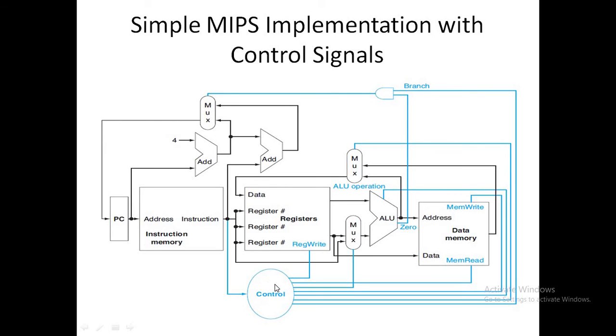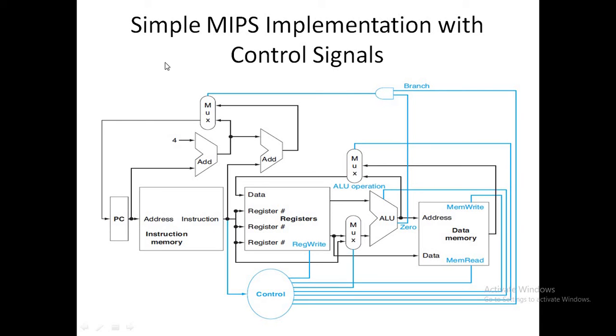As you can see, there are control signals for register read and write, and there are control signals for this MUX. There are control signals for data memory read and write, for memory read and for memory write. Like this, we have separate control signals. There are control signals for the ALU to perform some operation. Control signals are represented using blue lines, and there are control signals to choose among these MUXes. And there are control signals even for the registers.